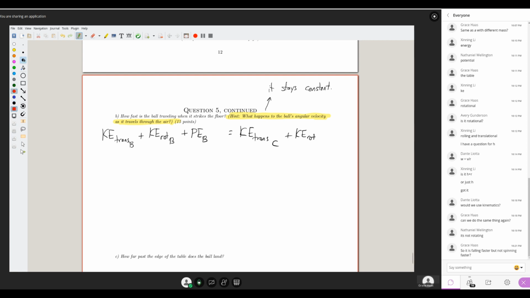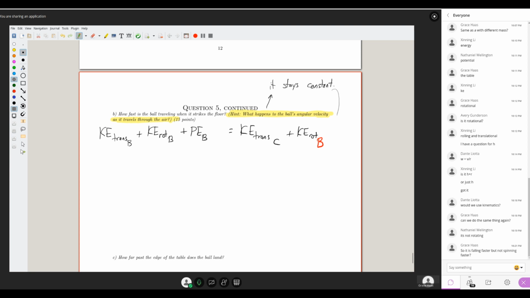So the big alarm bell is that the rotational energy at B is the same as at C, right? That is something that can catch people off guard.